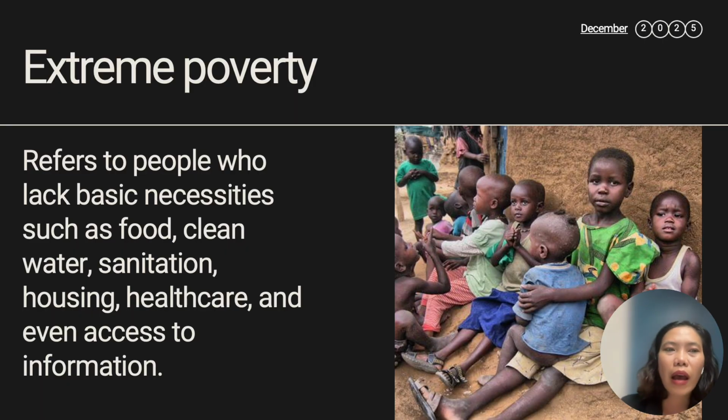So we also have extreme poverty. It refers to people who lack basic necessities such as food, clean water, sanitation, housing, healthcare, and even access to information. As you can see here, this is an example of African children. Poverty depends on the country's standard of living.